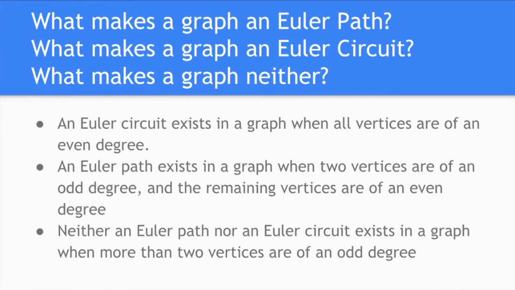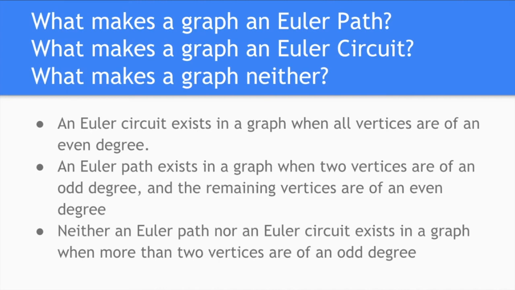That means all the nodes or vertices have a degree that is divisible by 2. An Euler path exists in a graph when 2 vertices are of an odd degree and the remainder of the nodes have an even degree. And neither an Euler path nor an Euler circuit exists in a graph when there are more than two vertices with an odd degree.